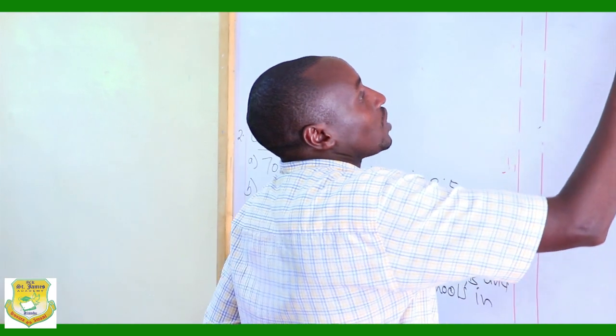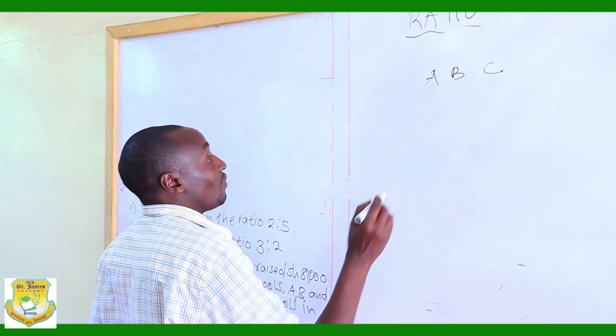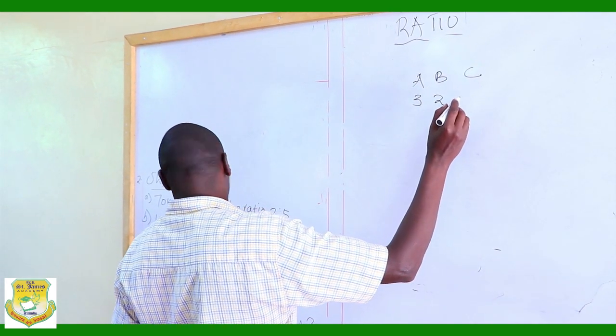So we write the schools, A, B, and C. Then from there we write the ratio 3:2:4.